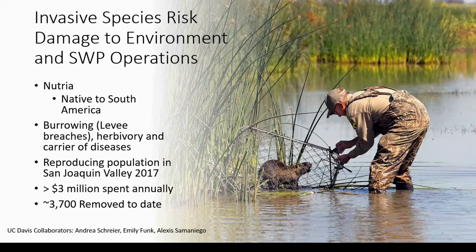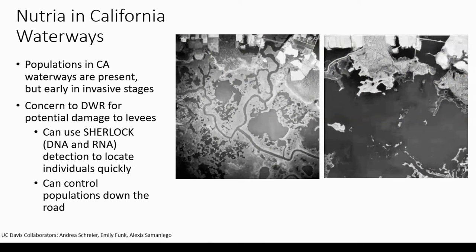And so, like I said, California is working on trying to eradicate and contain the populations. Nutria are present in California waterways, but this is still at the early invasive stages, and so there's still work that we can do to help get rid of them.